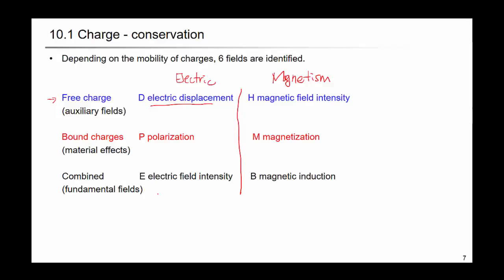When we combine the free charge and the bound charge, this is expressed as the electric field intensity and the magnetic induction too. For example, in the free auxiliary field, you have the electric field in the free field, so there is maybe a free charge.